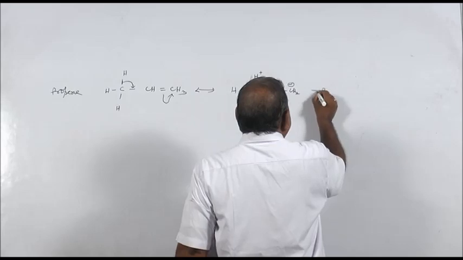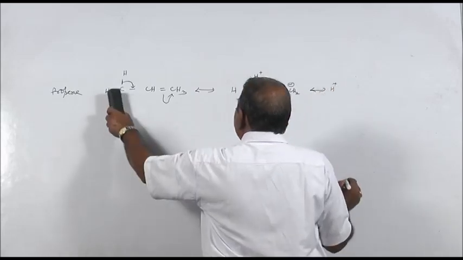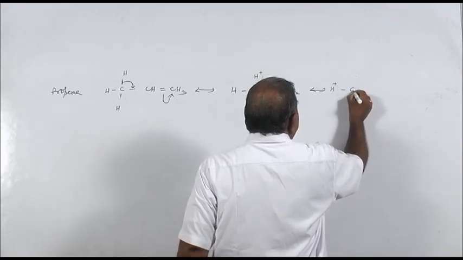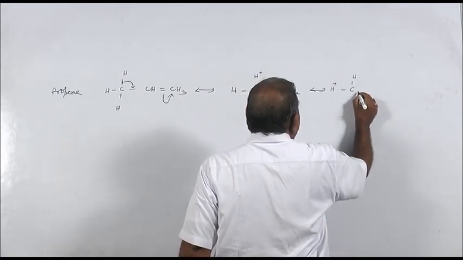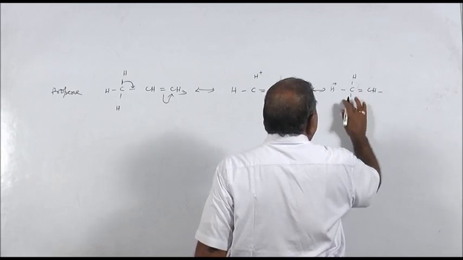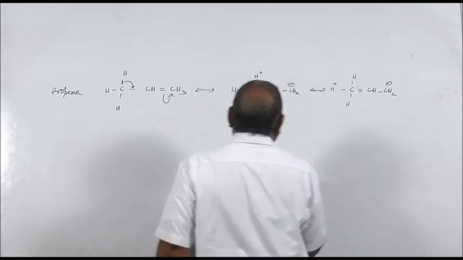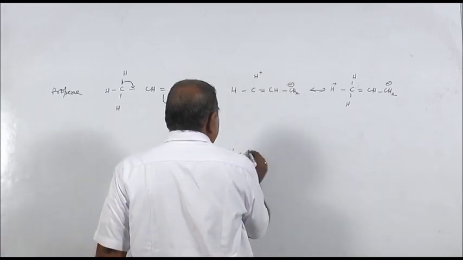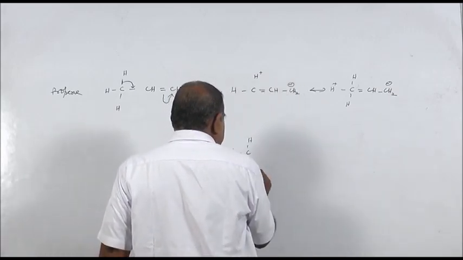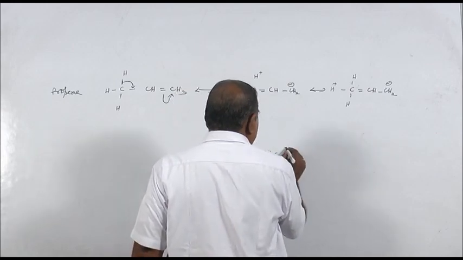There can be another structure, double arrow, H plus, that means this carbon hydrogen bond electron is shifted, giving you CH2 minus, or this hydrogen electron may be shifted, giving you CH2 minus.